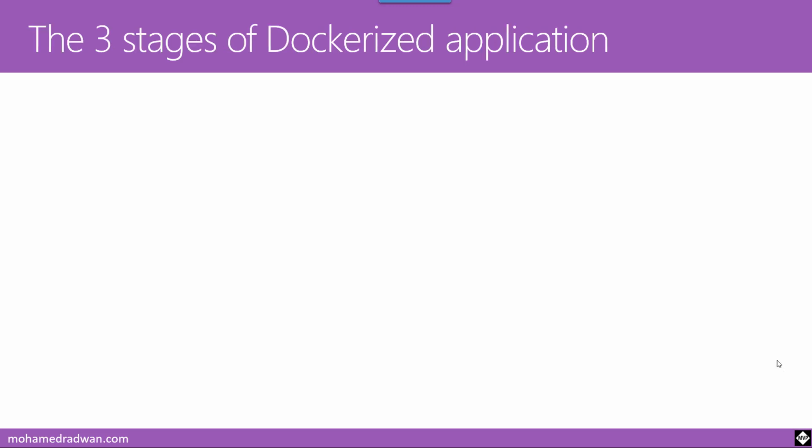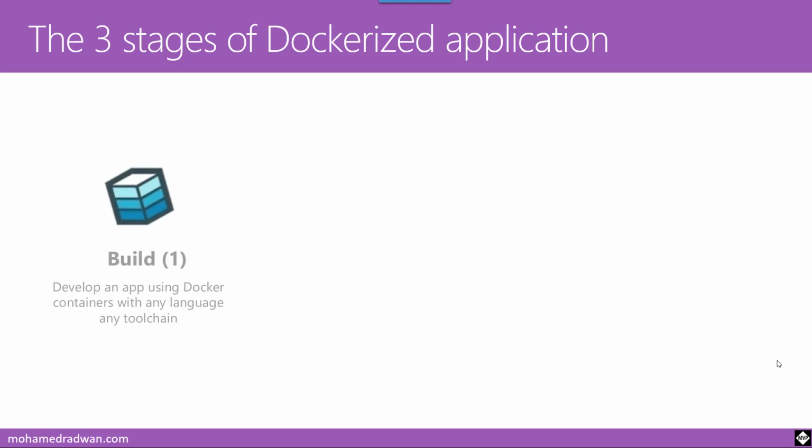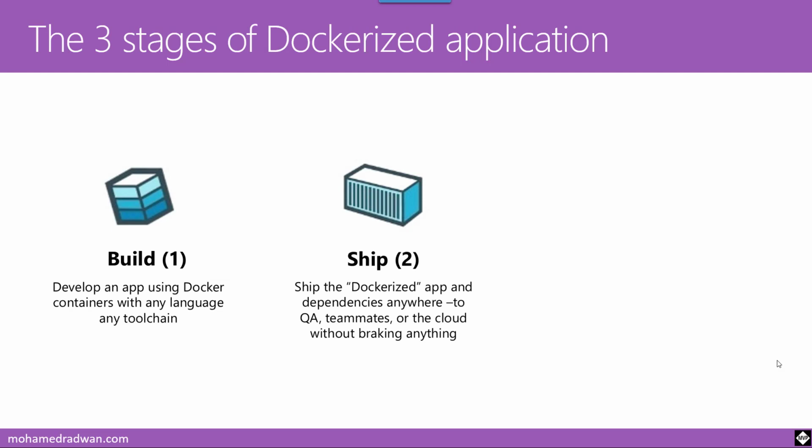So let's get that in more detail. What are the three stages of a Dockerized application? The first is build, which is developing an application using a Docker container with any language or tool chain. The next step is to ship your Dockerized application, which means you have now containerized your application, including all the dependencies like the OS, the runtime, the libraries, the frameworks, and the application.